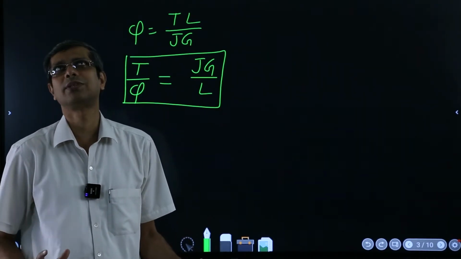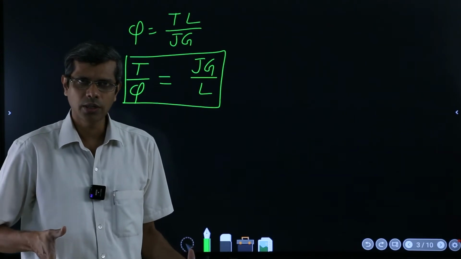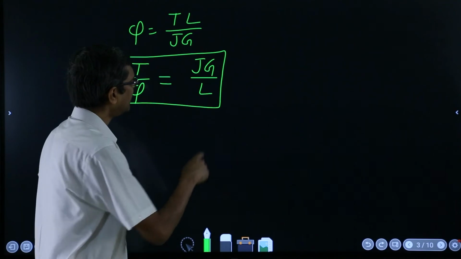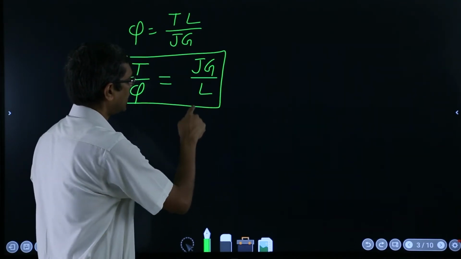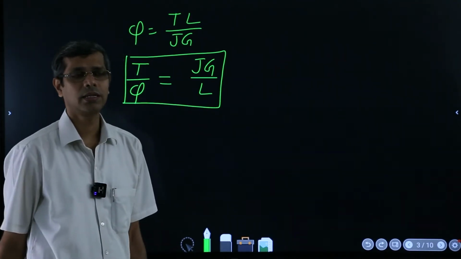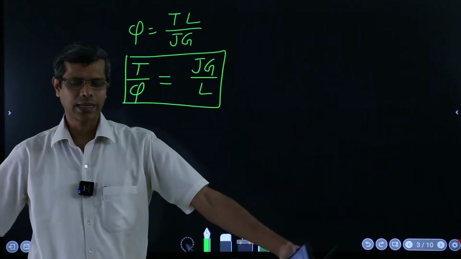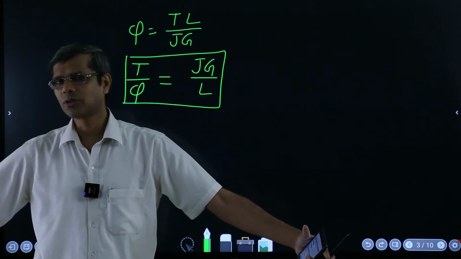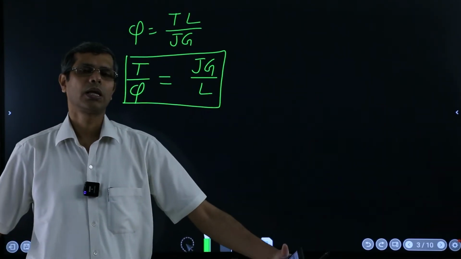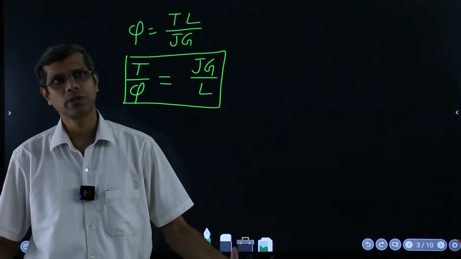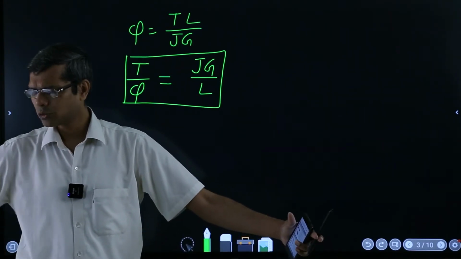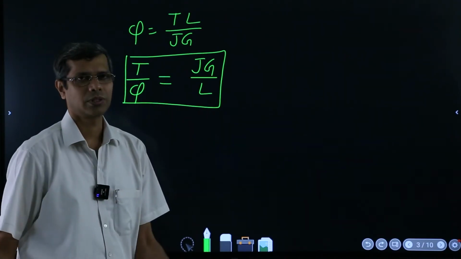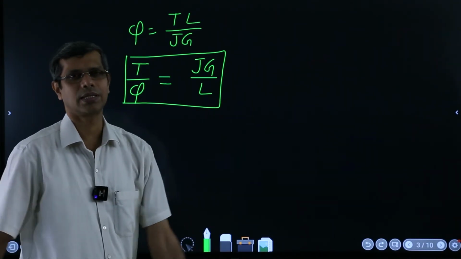You will require more torque to produce the same amount of angular twist. And similarly, it's inversely proportional to the length, because if you increase the length, with the same torque you can produce higher angular twist, or to produce the same angular twist you will require less force. That means the stiffness has decreased.